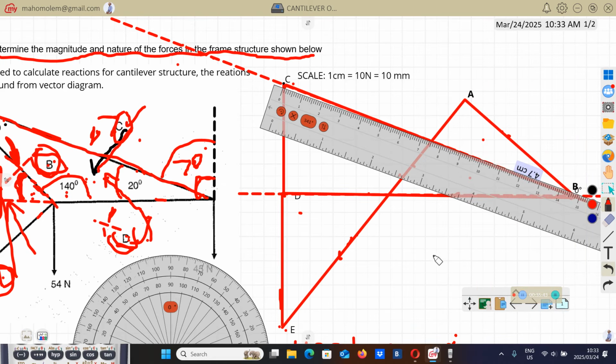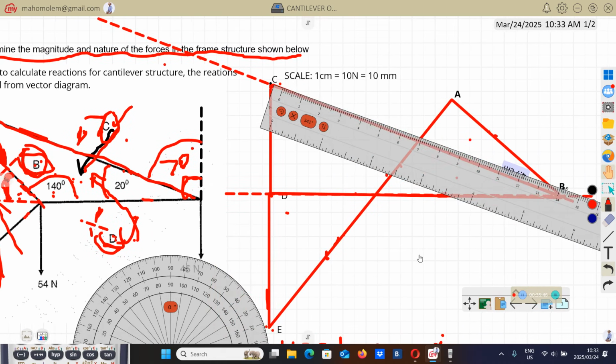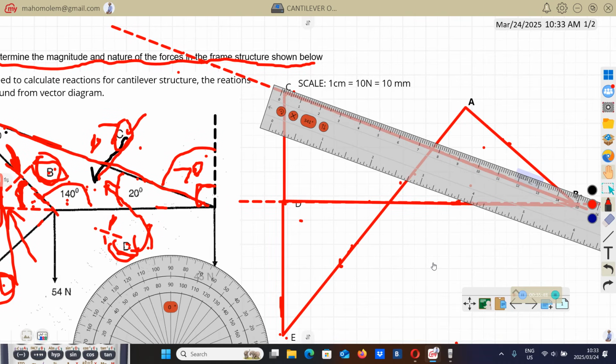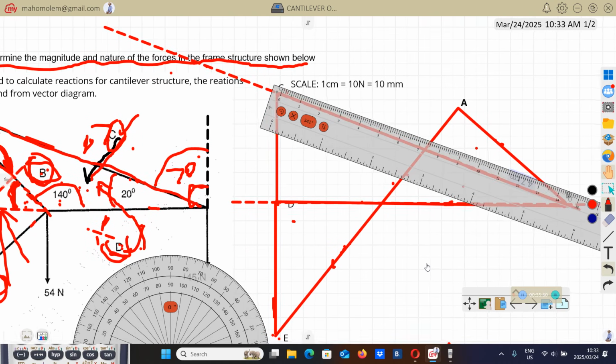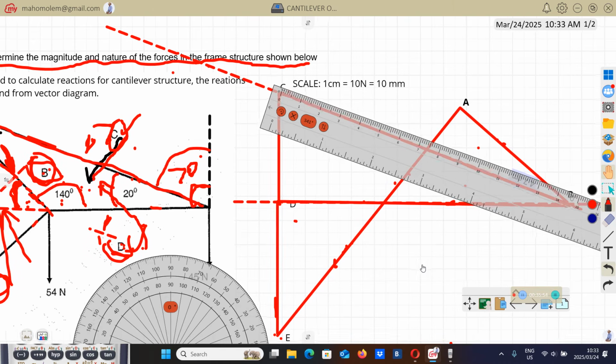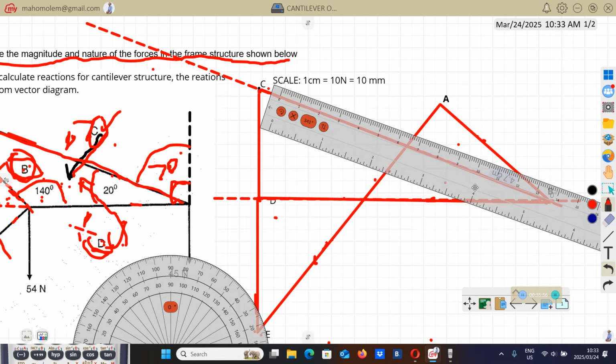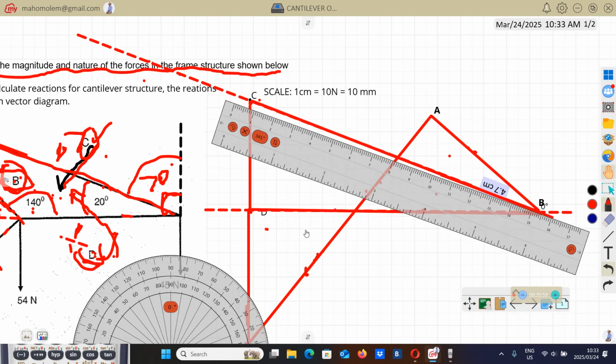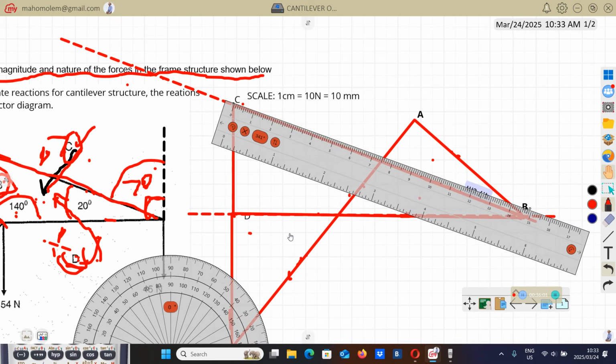So the difference here is due to the fact that I've been doing some zooming. I did some zooming here. So that zooming led to this kind of difference.